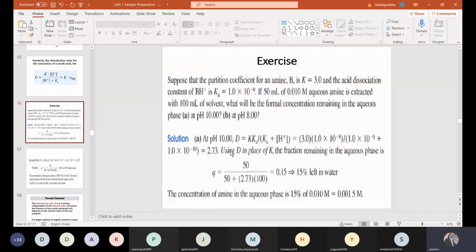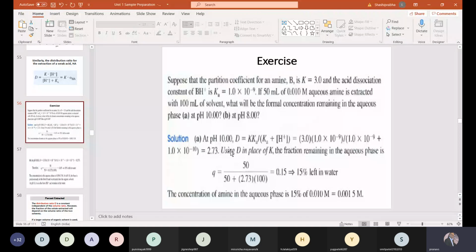So we ended up on this exercise. Just prior to this, we had two expressions, one for a base and the other for an acid. We were trying to understand the difference between the partition coefficient and the distribution ratio.